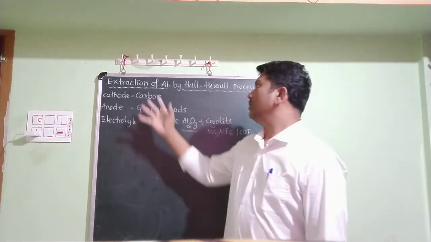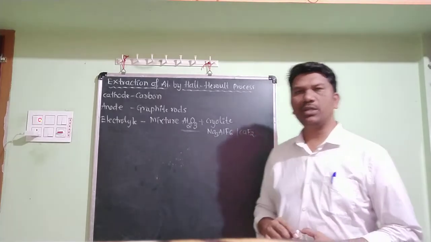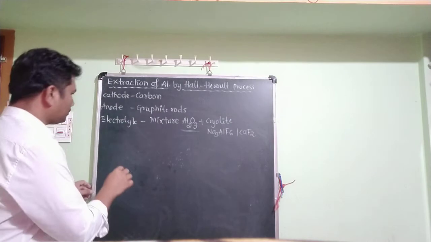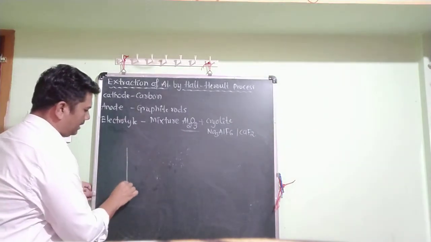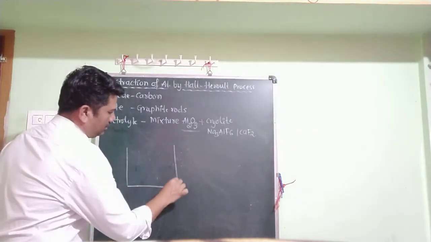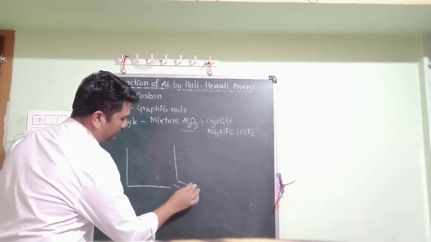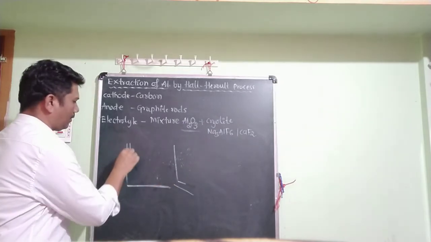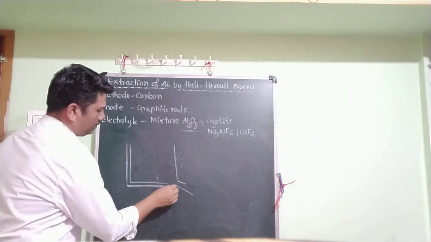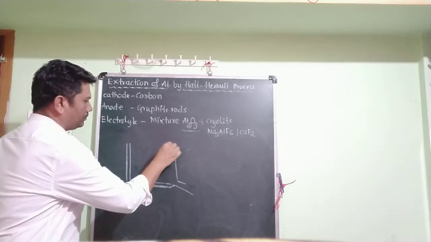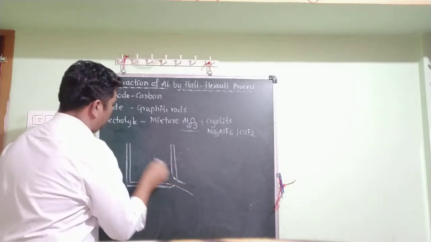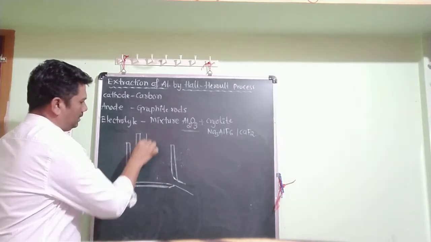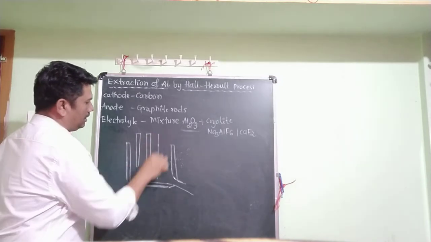Next, in the extraction of aluminium by Hall-Héroult process, we are using one electrolytic cell. I will draw the electrolytic cell here.